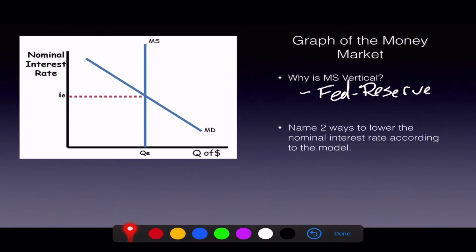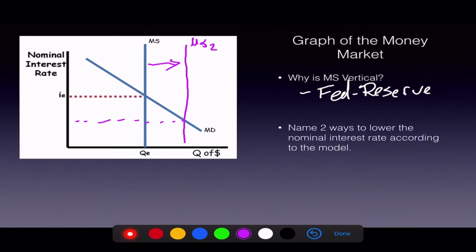And of course, we can see how they would influence the interest rate. They can lower the nominal interest rate, according to this model at least. Actually, the Fed can only use one tool to lower the interest rate. If they increase the money supply, we can notice that the interest rate is now at a lower outcome.